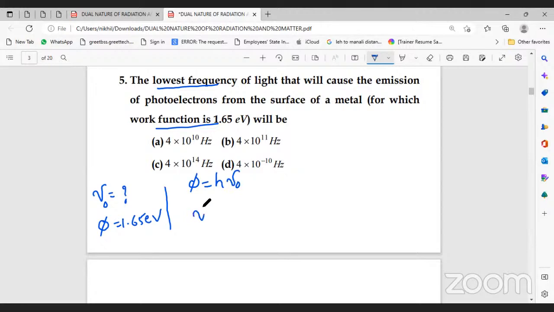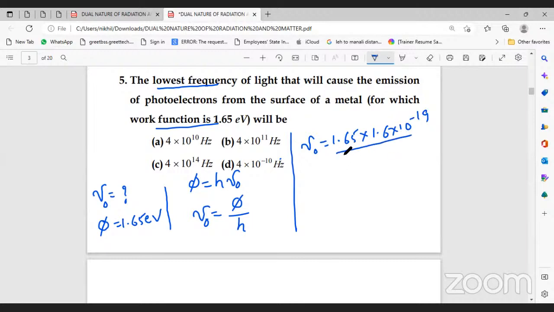Work function equals h nu naught, so nu naught equals work function divided by h. You have to convert the 1.65 electron volt to joule by multiplying by 1.6 into 10 power minus 19, divided by the h value.